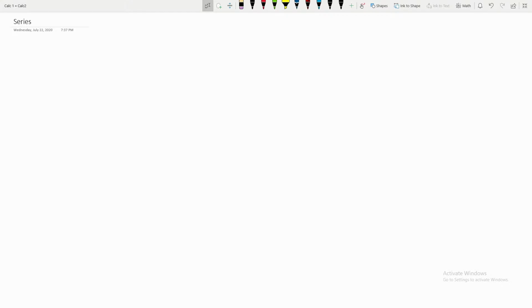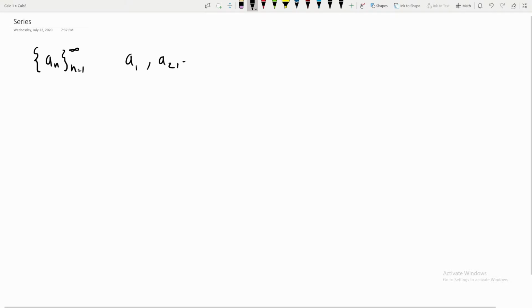In the last lesson, we talked about the sequence, let's call it a_n, and it spanned from n equals 1 to infinity. All this was just an ordered collection of terms, and they really had nothing to do with each other, apart from being in the same collection.